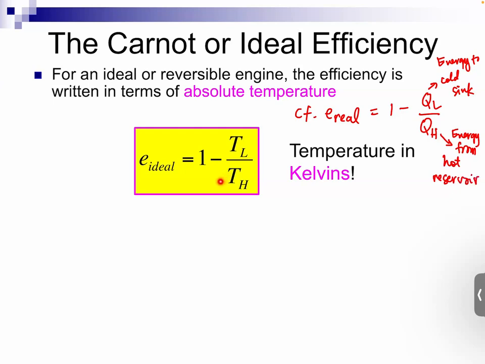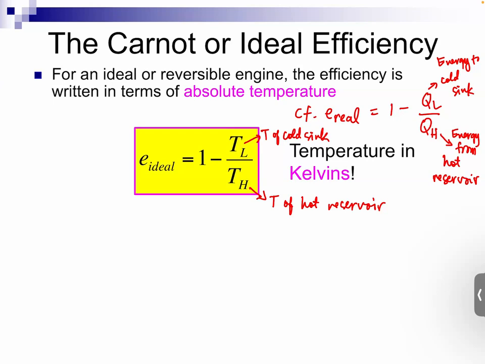For the Carnot or ideal engine, what we need are the temperatures. It's the temperature of the cold sink. So this is temperature of cold sink, and the subscript L tells you low temperature, and the subscript H tells you hot reservoir. So that's the temperature of the hot reservoir. So if you want to calculate the efficiency of a perfect engine, an ideal perfect or Carnot engine, then you only need to consider the temperatures.